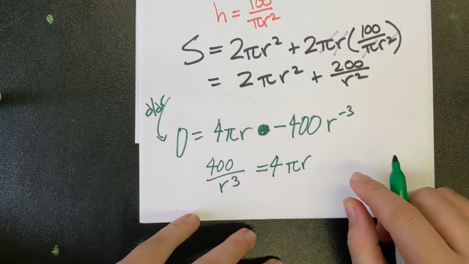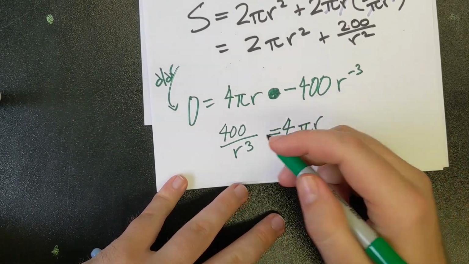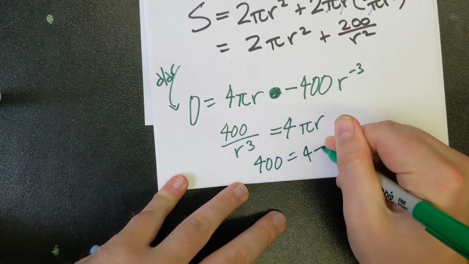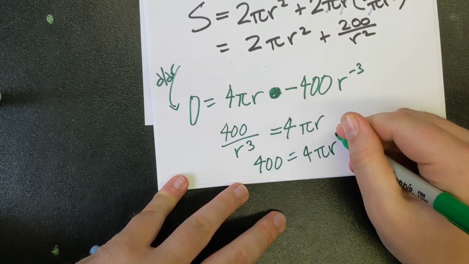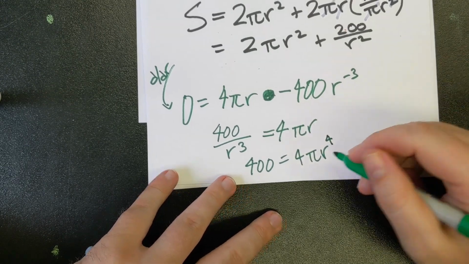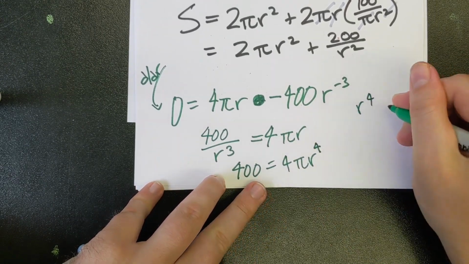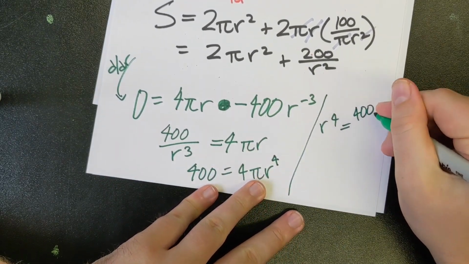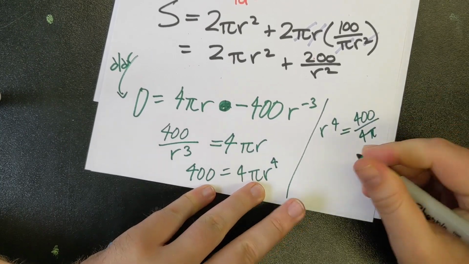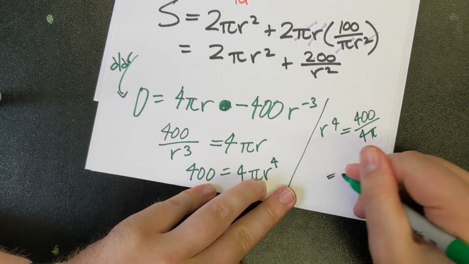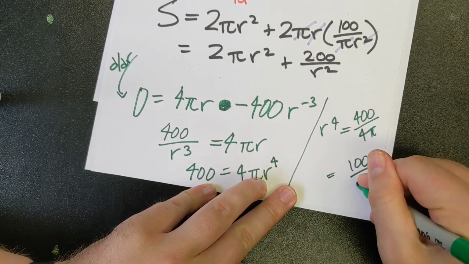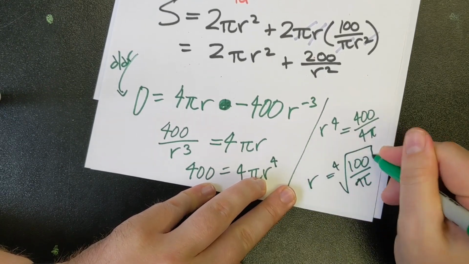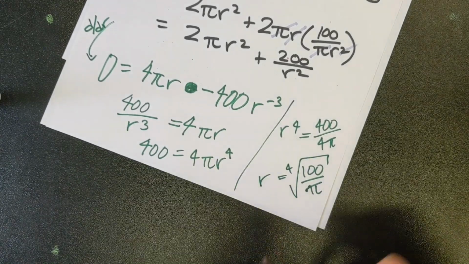I'll move my r cubed over, and I'll get that 400 is 4 pi r to the 4th. And so that tells me that r to the 4th is 400 divided by 4 pi, or that's the same thing as 100 divided by pi. And so my r is just the 4th root of 100 over pi.